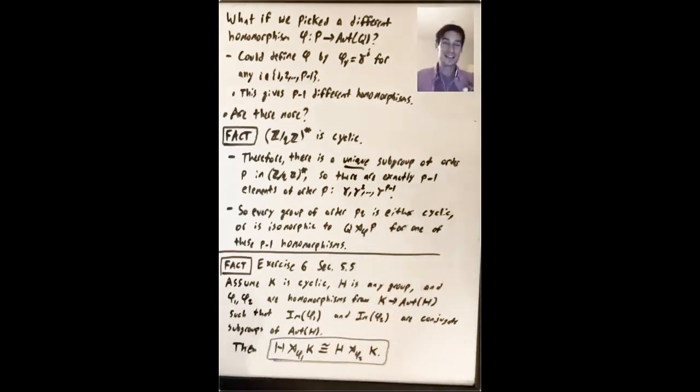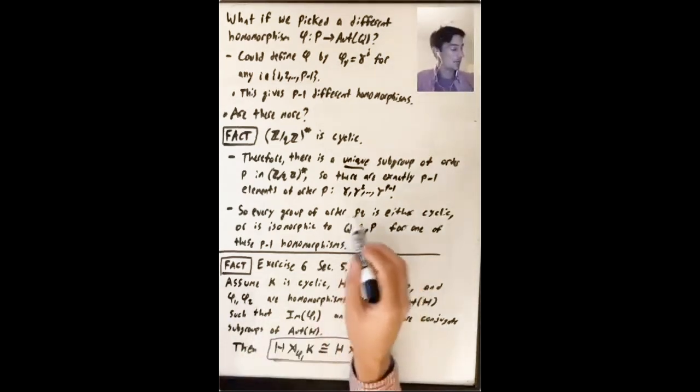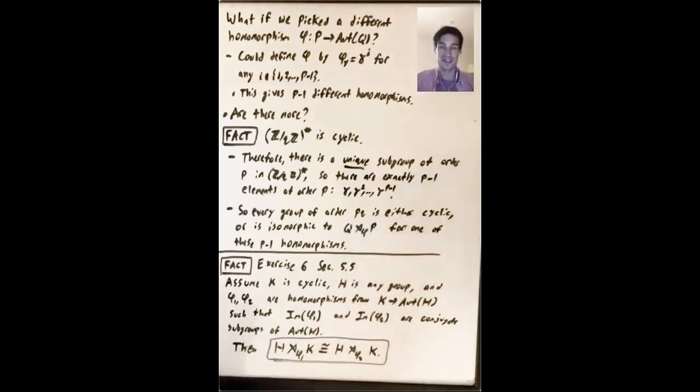So now let's zoom in a little bit on these p minus 1 different semidirect products. There is an exercise that you proved on the homework, exercise 6 of section 5.5, which says: when K is cyclic and H is any group, if phi1 and phi2 are homomorphisms from K to Aut(H) such that the image of the first homomorphism and the image of the second homomorphism are conjugate subgroups of Aut(H), then the corresponding semidirect products are isomorphic to each other.